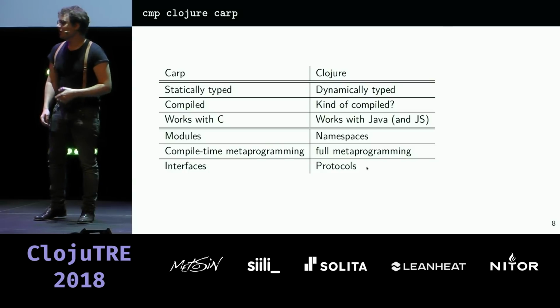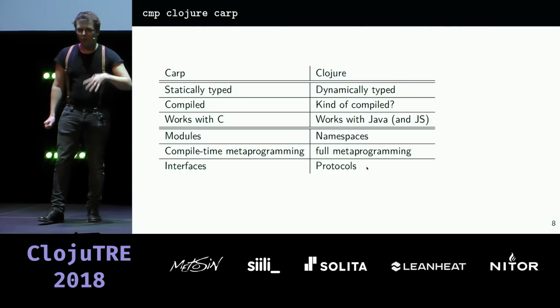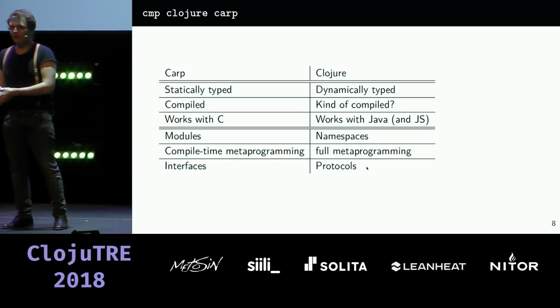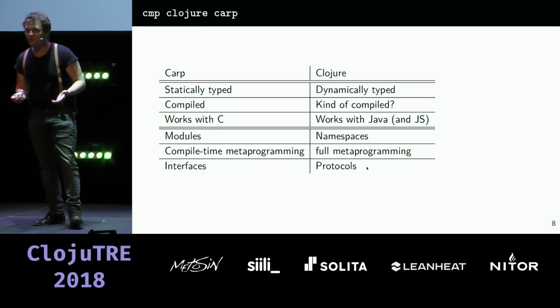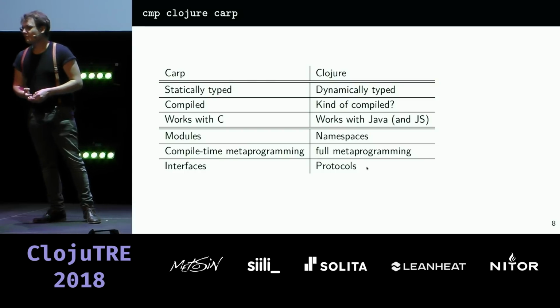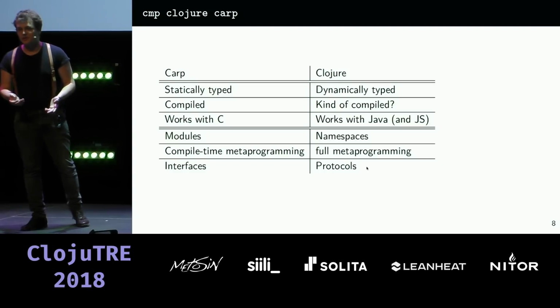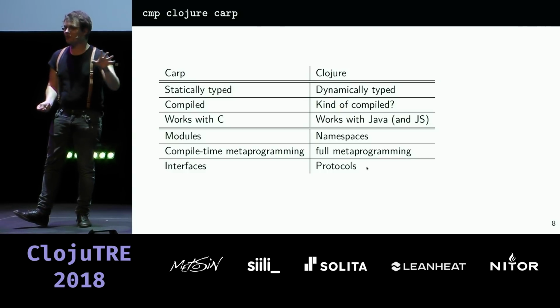For one, you have a statically typed versus a dynamically typed language. One is compiled, one is kind of compiled, meaning it is compiled, but it compiles to JVM bytecode or JavaScript, depending what backend you use, which feels a bit different as well. One works with C, whereas the other works with Java and JS. And that's really where the most similar thing happens.